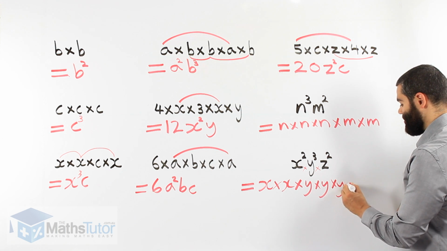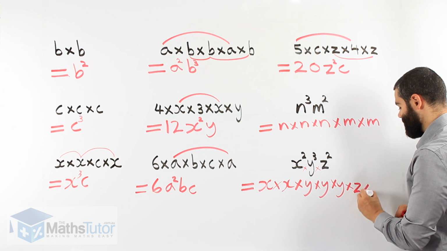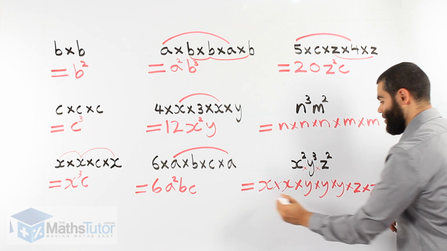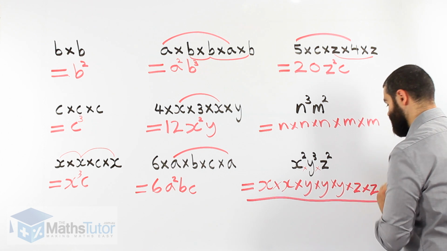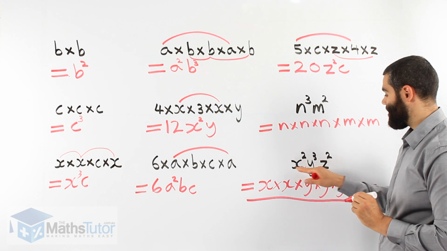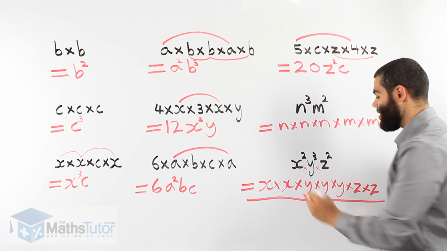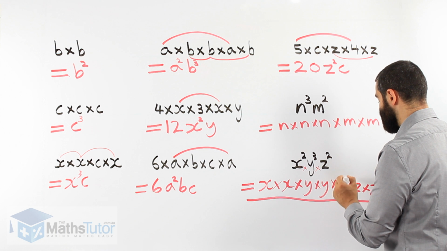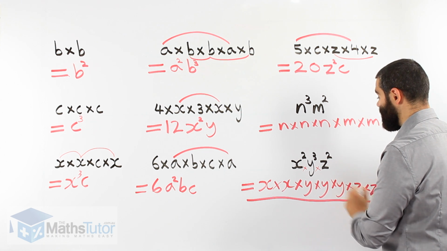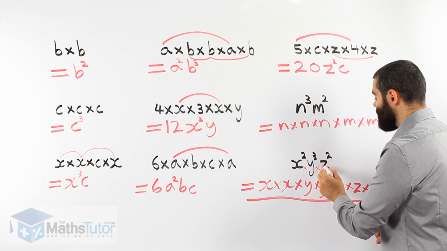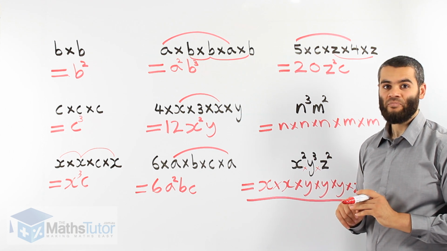And then z squared meaning z times z. So here, one long answer. It was in an index notation. We expanded it. x times x times y times y times y times z times z.